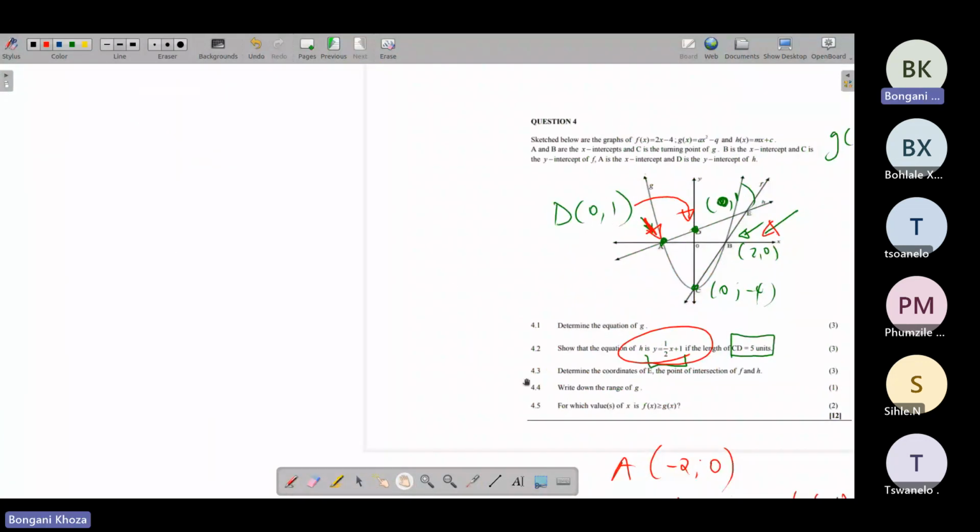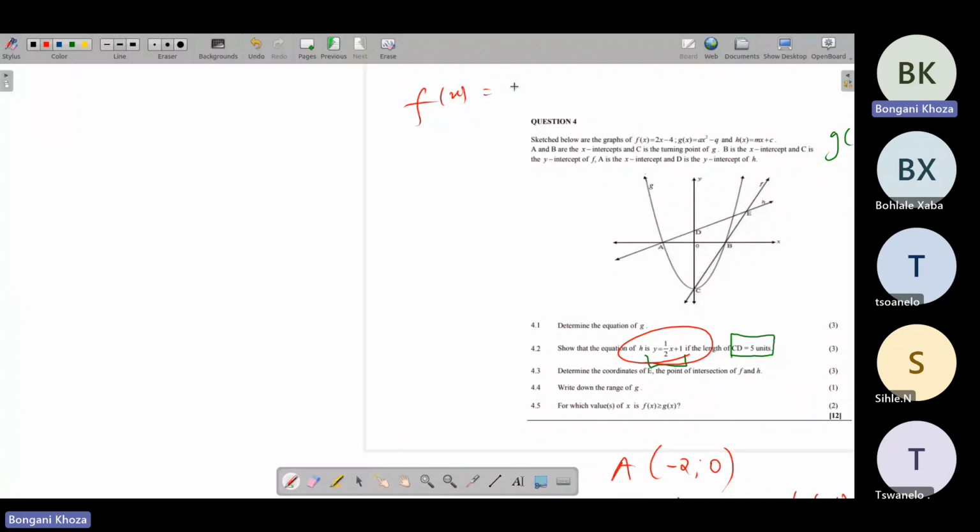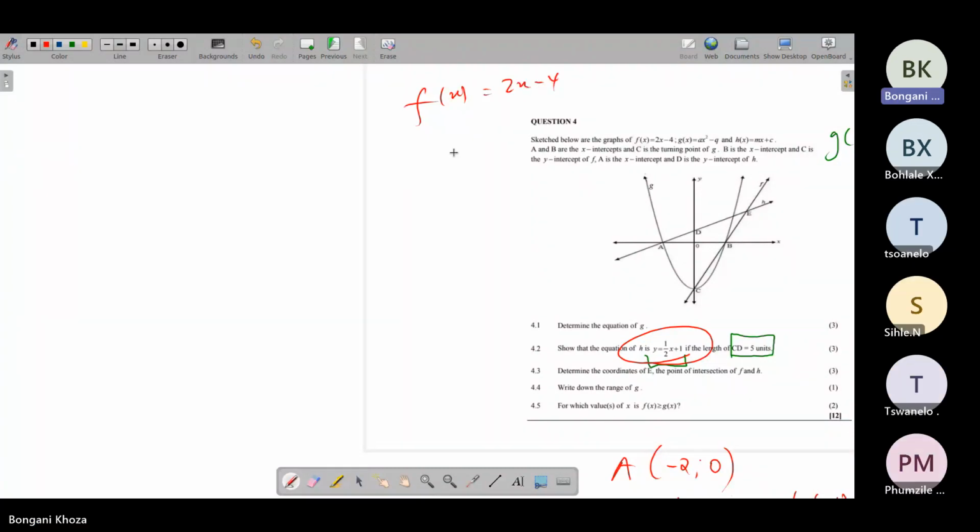They're asking us to find the coordinates of E, which is the point of intersection of F and H. So let's erase here. Now we know the equations. F at x equals 2x minus 4, and H at x equals 1 over 2x plus 1.